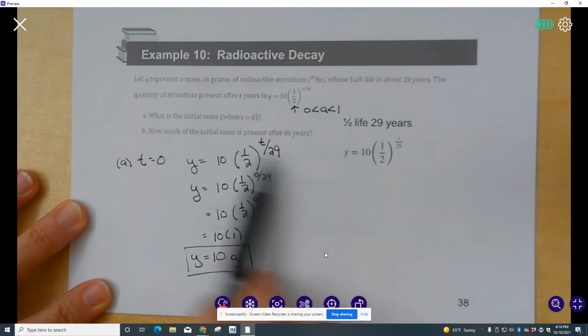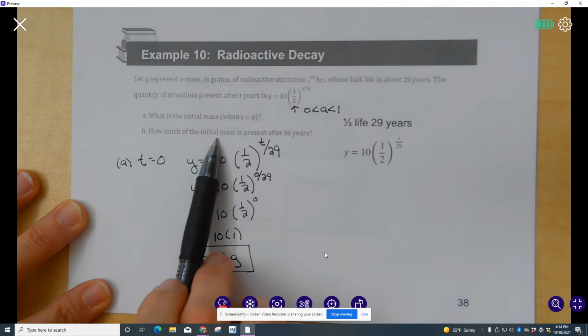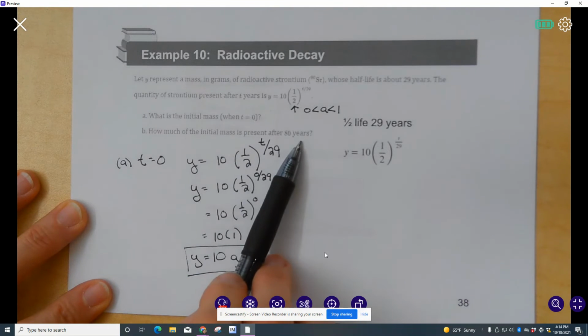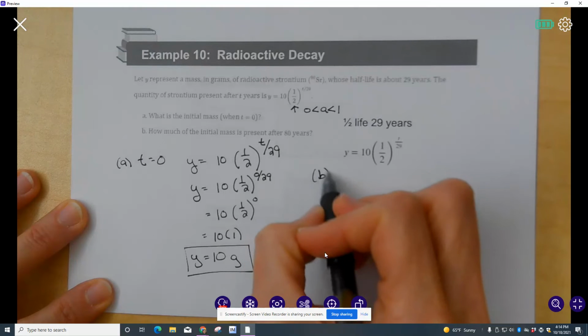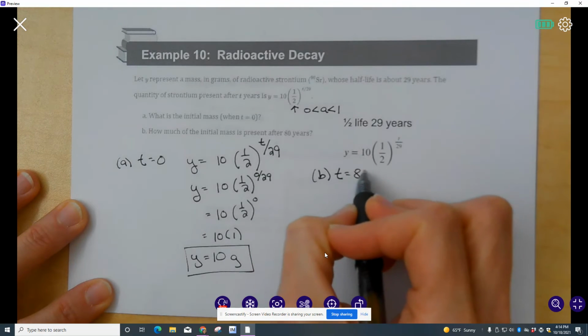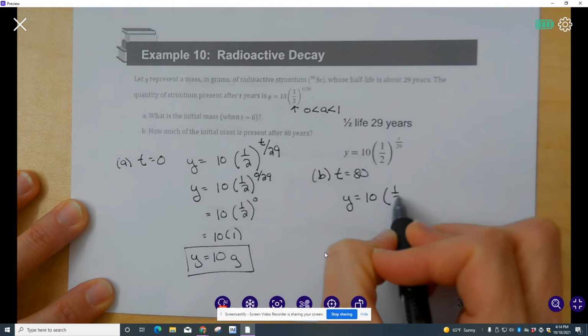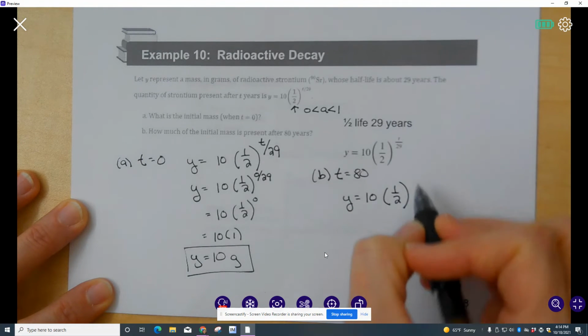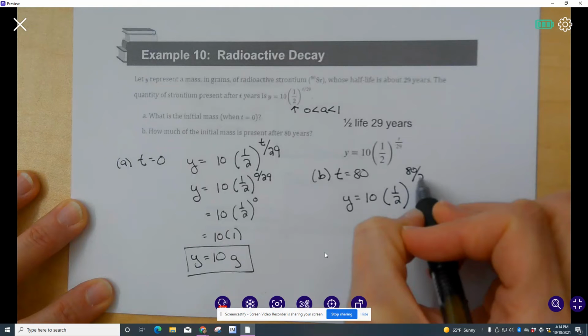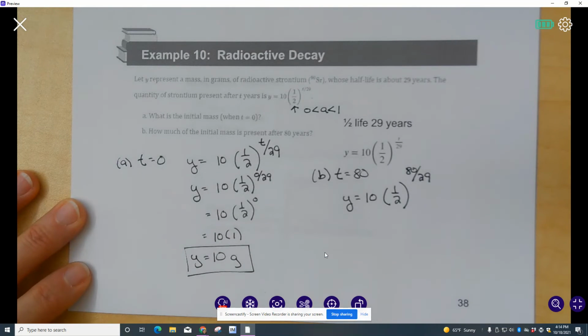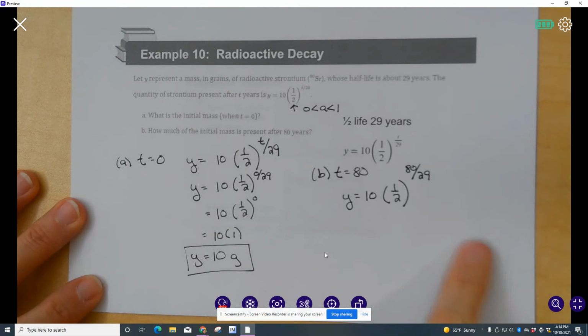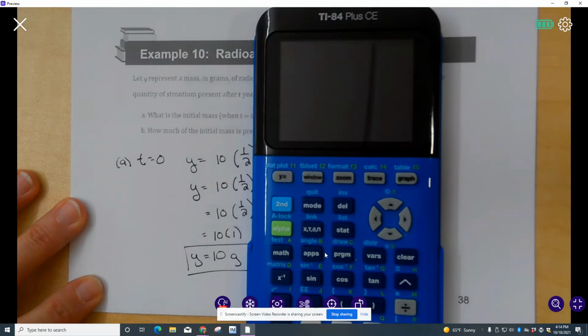Now in part B, they're asking how much of the initial mass is present after 80 years. So now t equals 80. I'm going to do the same thing, but instead of t over 29, I'm going to have 80 over 29. And again, I can put that whole line in the calculator.